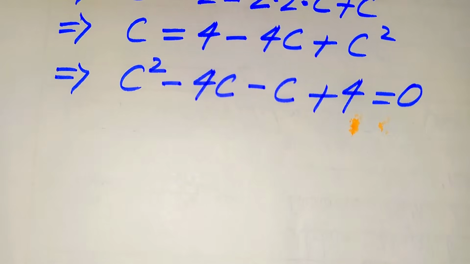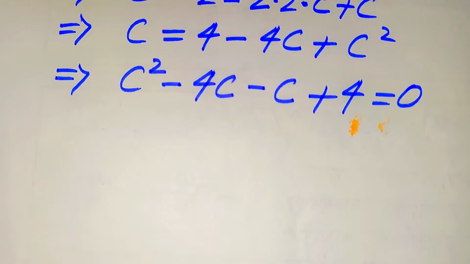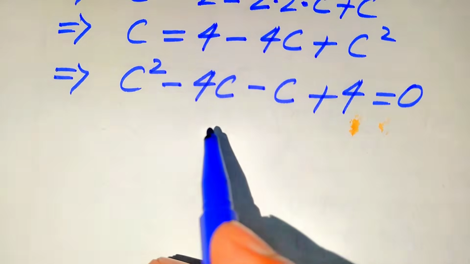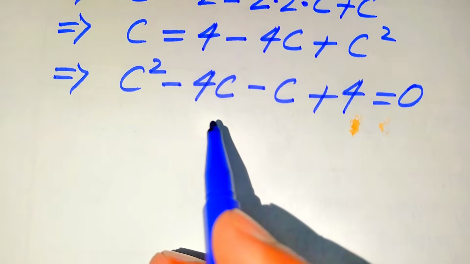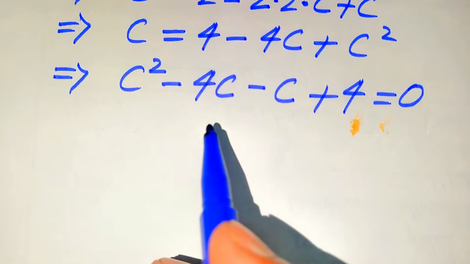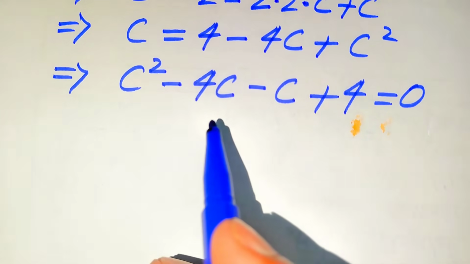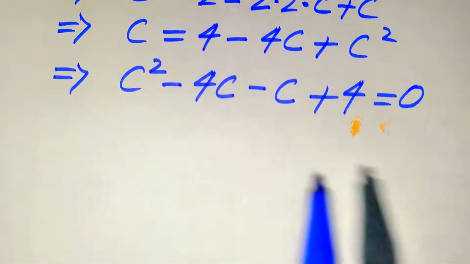And further in the next step we need to make the factors of this equation, because you see this is a quadratic equation and we know there are three methods to solve a quadratic equation. The first one is the factorization method, the second is by using the completing square technique, and the third method is by applying the quadratic formula.